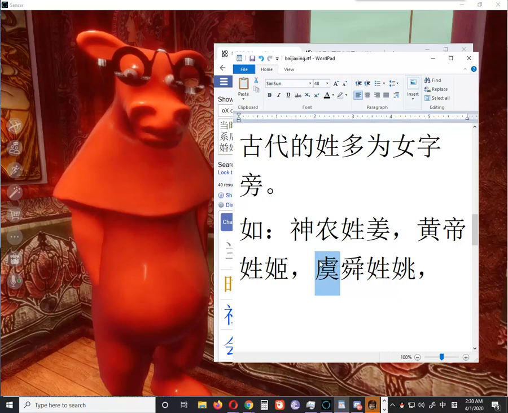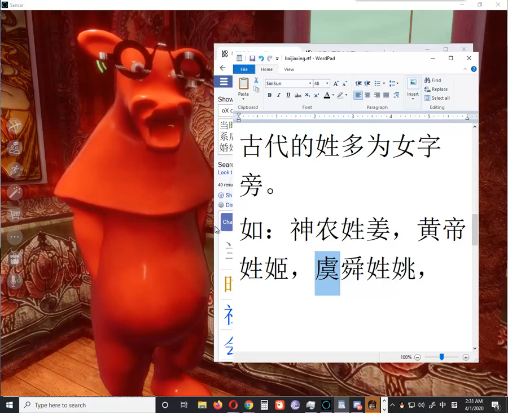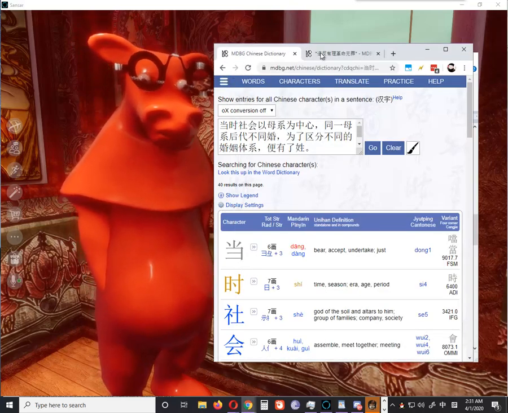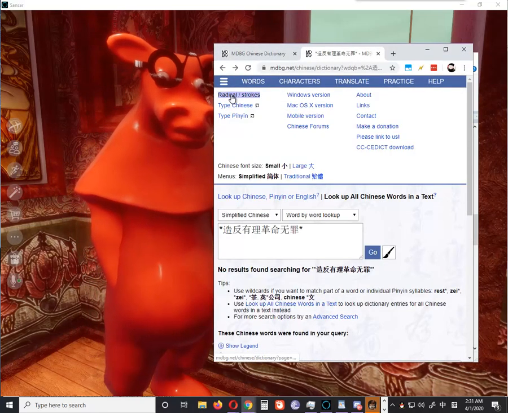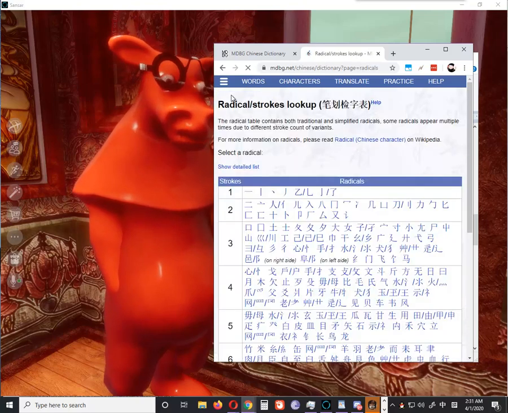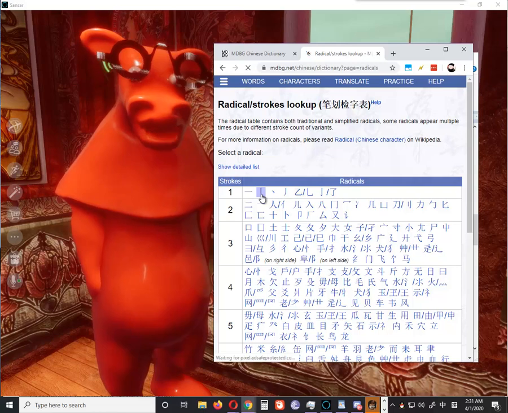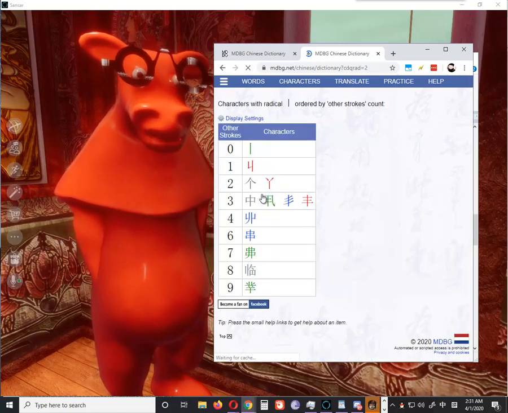Wait a minute. When I see this thing, let me show what you might go through. Let me go to radicals. Okay, you might think, oh well, I'd look up this one. No, it's not there.